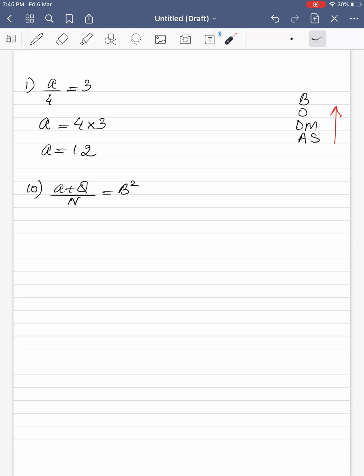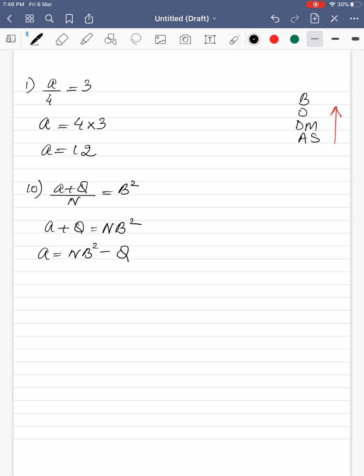So, keeping that in mind, we will do the division because that's the next option. So we have a plus q is equal to n b square. Now the q can go to the other side, and nb square minus q as the inverse operation of plus q. And that's our answer.